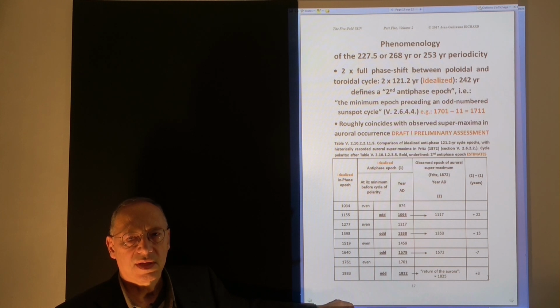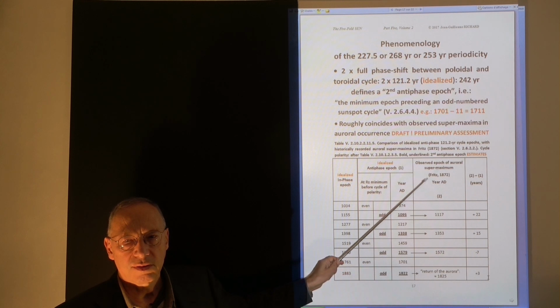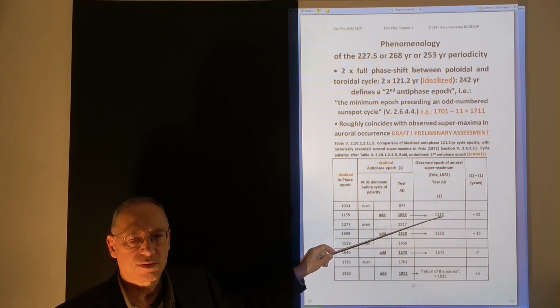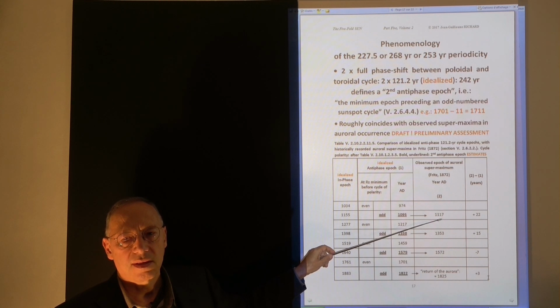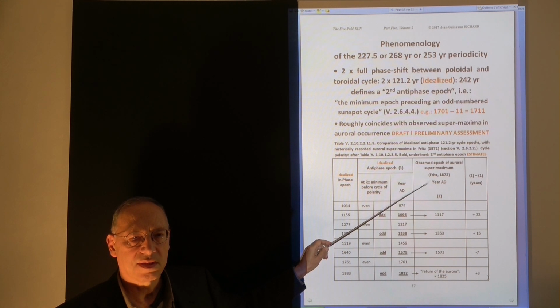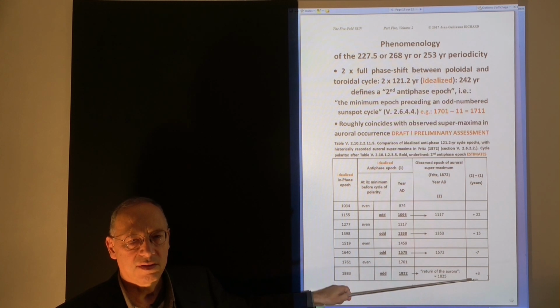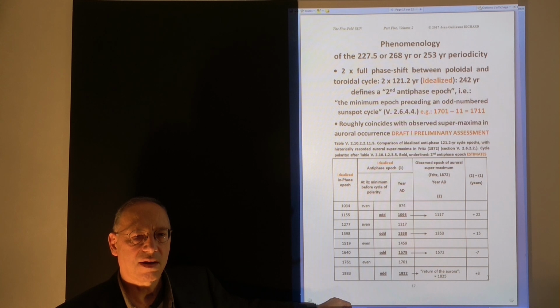It roughly coincides with the epochs of observed super maxima in the aurora borealis. Here is shown in this table epochs of super maximum occurrence of the aurora borealis in the last 1,000 years from the catalogue of Fritz, 1872, the well-known canonical millennial catalogue of the aurora borealis. Fritz himself suggested a similar periodicity, but on slightly different grounds.